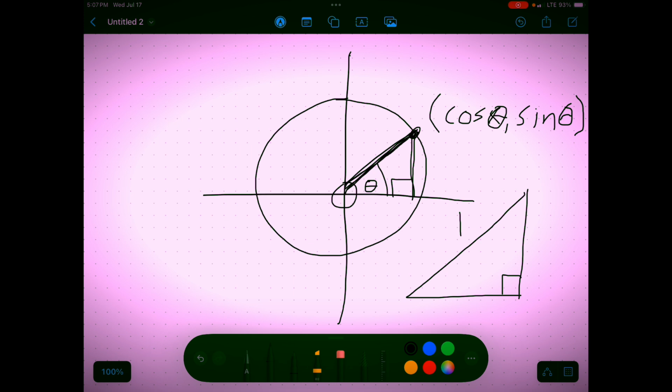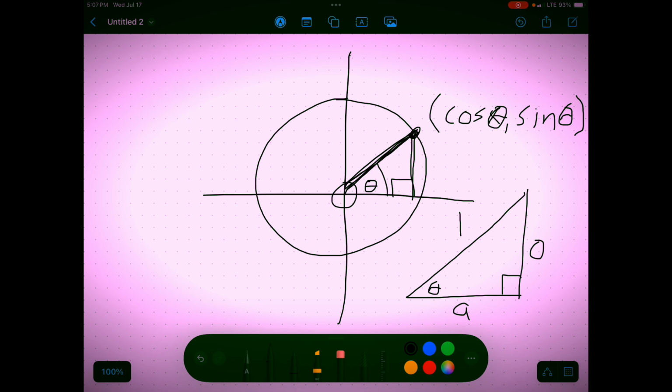And if this is theta here, then I have an adjacent side, and, oops, I wrote hypotenuse. I didn't mean to. I meant to write O for opposite. So we have an adjacent side and an opposite side. Well, sine of theta is equal to the opposite over the hypotenuse.